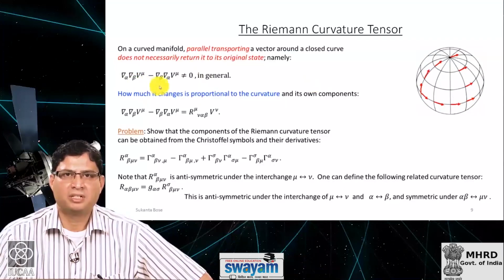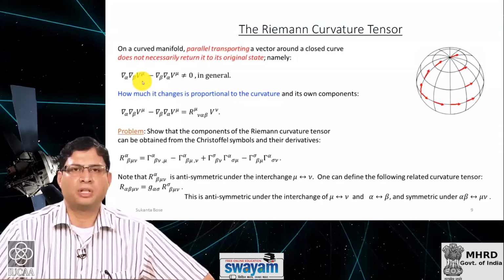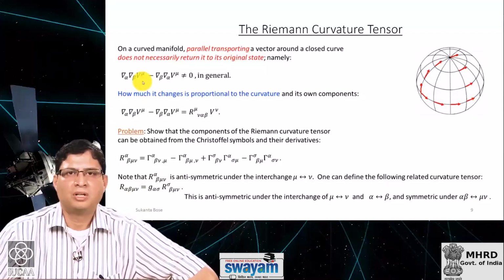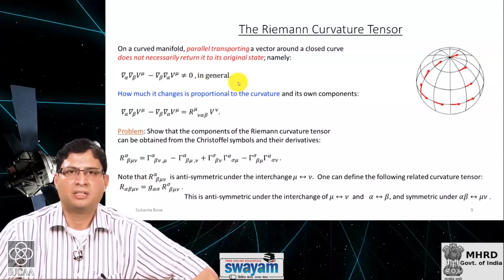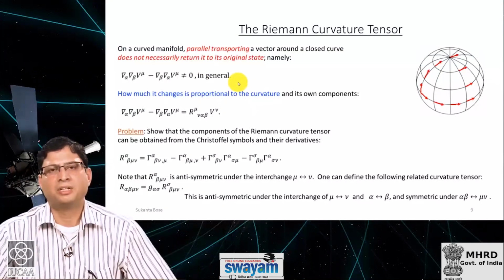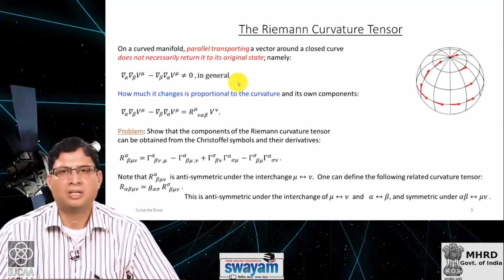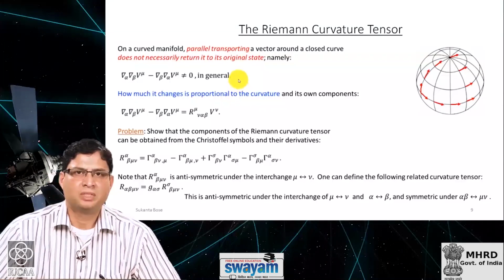But if your space-time is curved, then this reverse action of these derivatives on the vector does not compensate for the change in the vector when you carried it along the first two sides of the parallelogram. If this net action is not zero, that is tantamount to the fact that your space-time is curved.